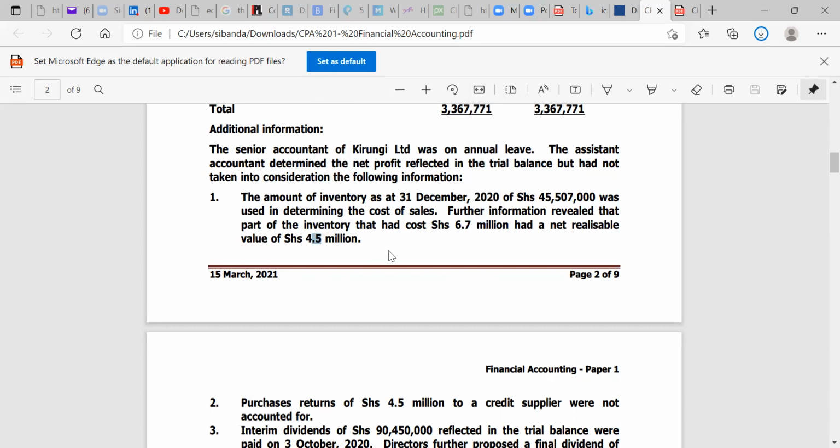If this is the case, this inventory needed to be valued at what? At 4.5 rather than 6.7. Why? The principle says that we should value inventory at the lower of cost and net realizable value. So we should value this inventory at 4.5. If they valued it at 6.7, that was not right, so we have to make an adjustment to get the true value of our inventory.